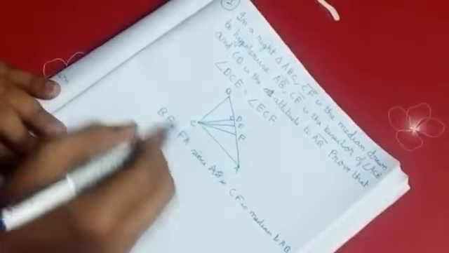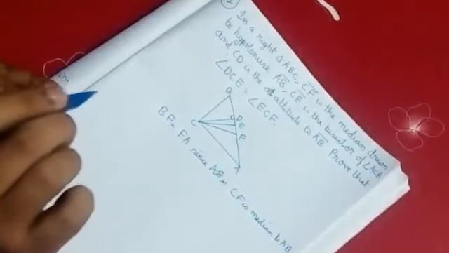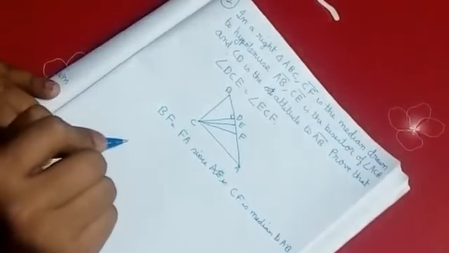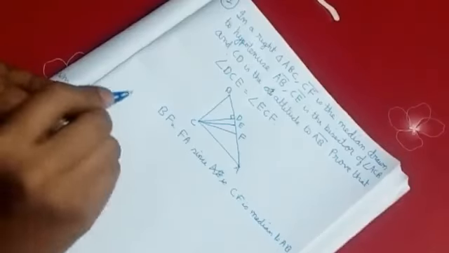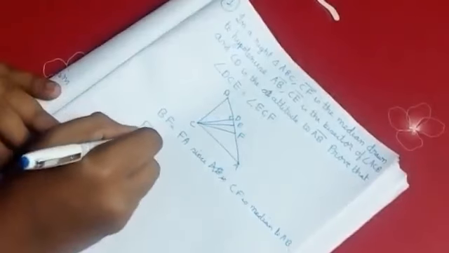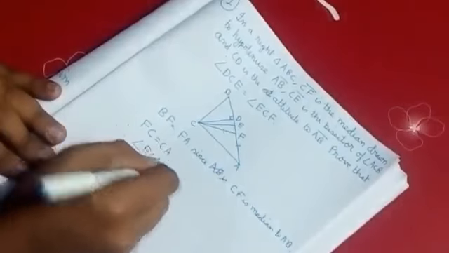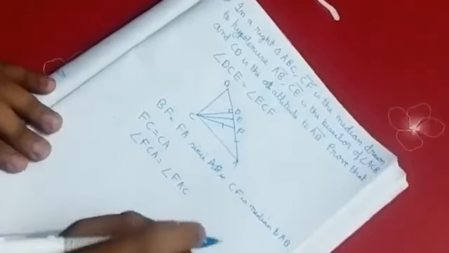Now you know that the circumcenter of a right angle triangle lies on the midpoint of hypotenuse. Hence F is the circumcenter here, and since F is the circumcenter, FC is equal to CA. Therefore, angle FCA is equal to angle FAC by isosceles triangle theorem.